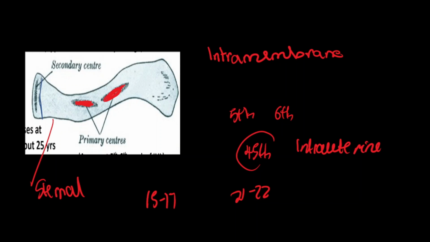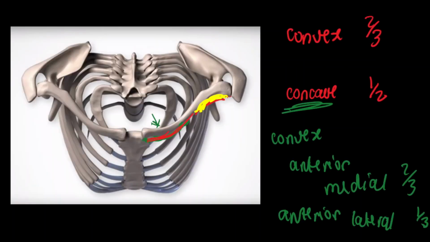Let's take a look at some of the clinical correlates of the clavicle. Here we saw that the clavicle has an outward curvature on its medial 2/3 and an inward curvature on its lateral 1/3.